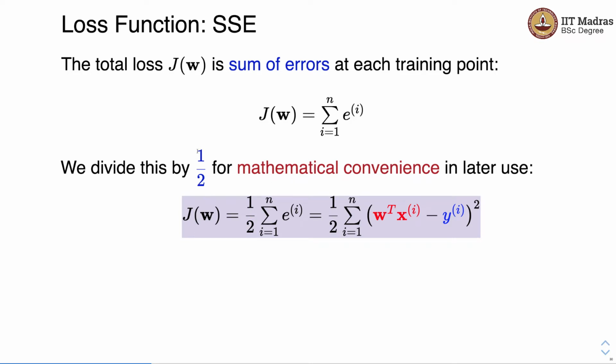So by applying the factor of half, we get J(W) is equal to half of the sum of errors at each point in the training set. And this error is calculated as the square of difference between the predicted value and the actual value at each training example.